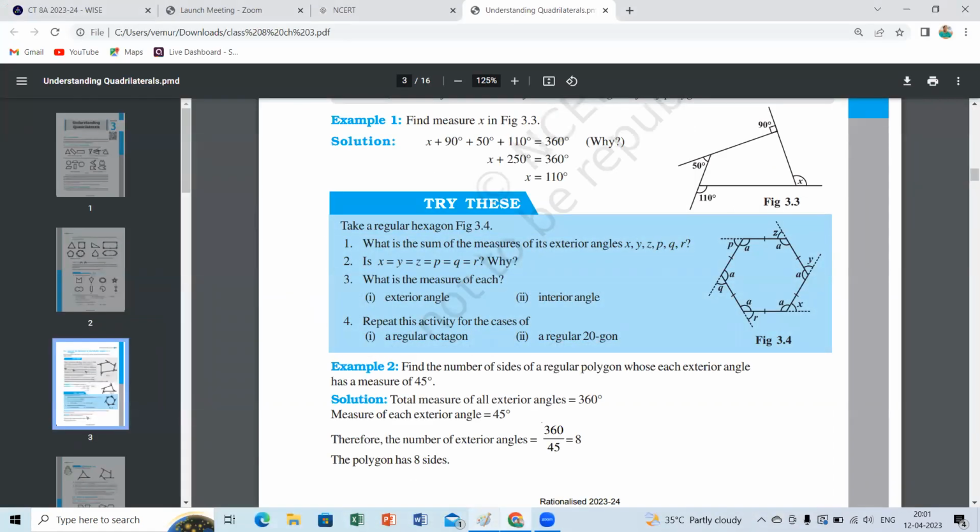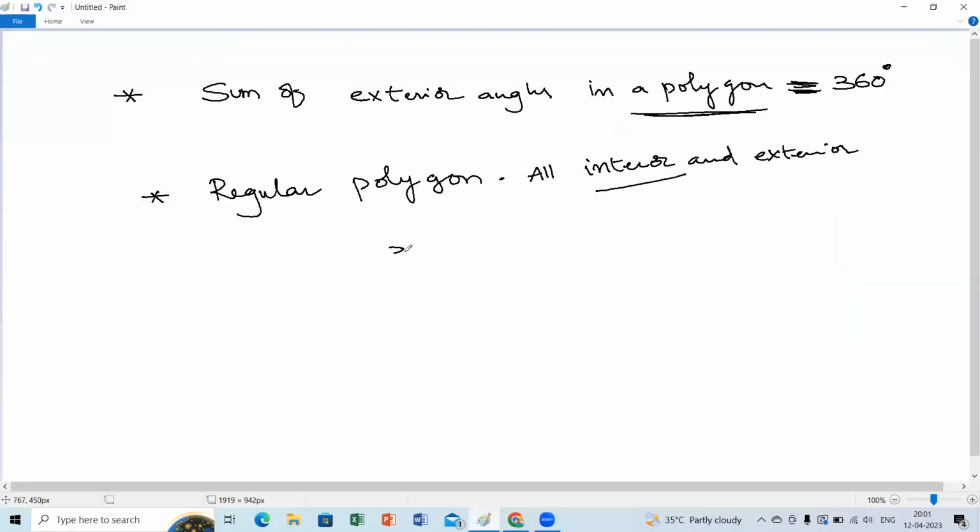So the total sum of all exterior angles is 360. Each angle is 45, so if you divide, you will get 8. 8 is the number of sides. 8 sides, regular polygon.